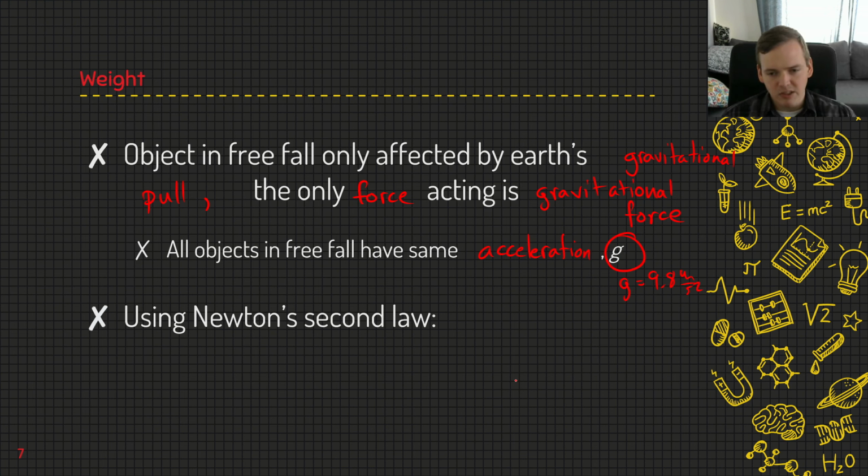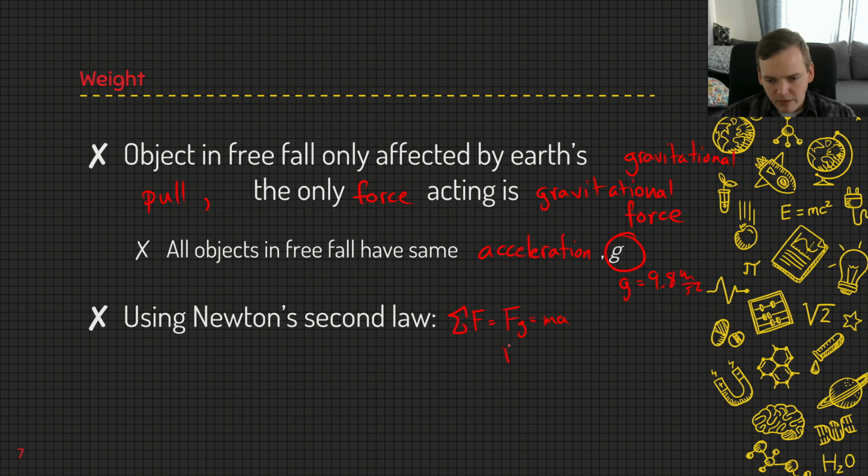We did this in the last unit, but what we can think about here is because the only force acting on it is gravitational force, we can use Newton's second law to show that the net force is equal to Fg, which is equal to ma.